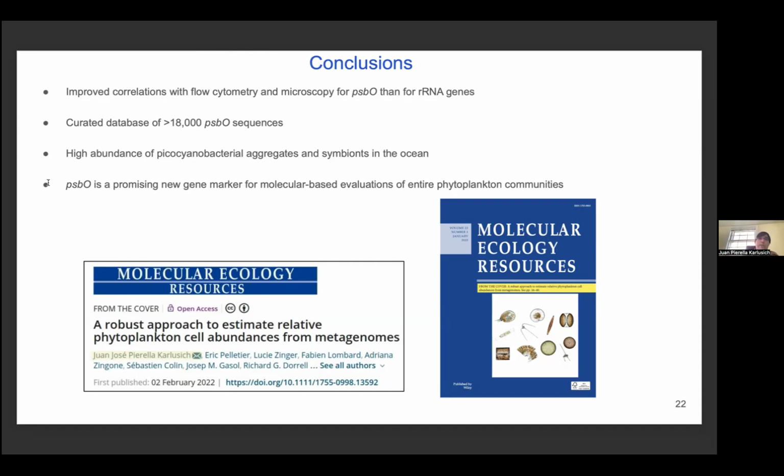We generated curated databases of PSBO sequences that are now used by the scientific community. We detected high abundance of cyanobacteria aggregates and symbionts in the ocean. All in all, PSBO is a promising new gene marker for molecular-based evaluation of entire phytoplankton communities.